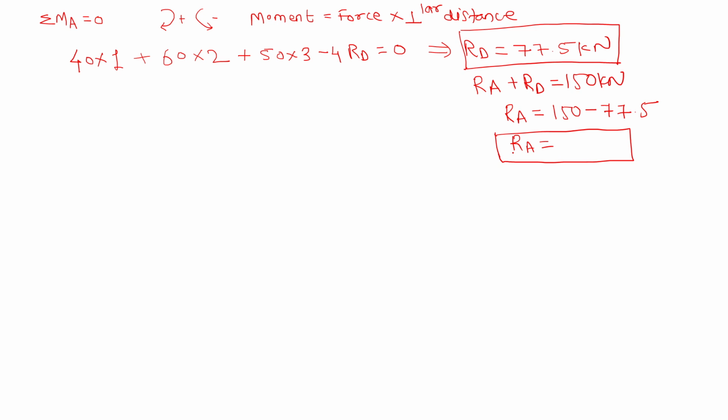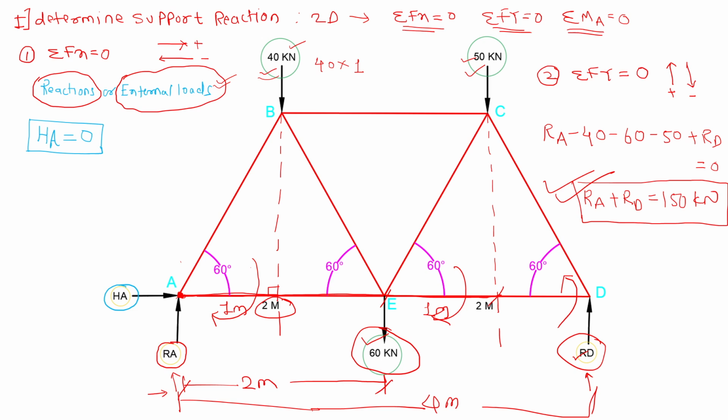So 150 minus, so I get 72.5 kilonewton. So this is my first step to determine the support reaction. Now RA is 72.5 kilonewton, RD is equal to 77.5 kilonewton and HA is equal to 0.